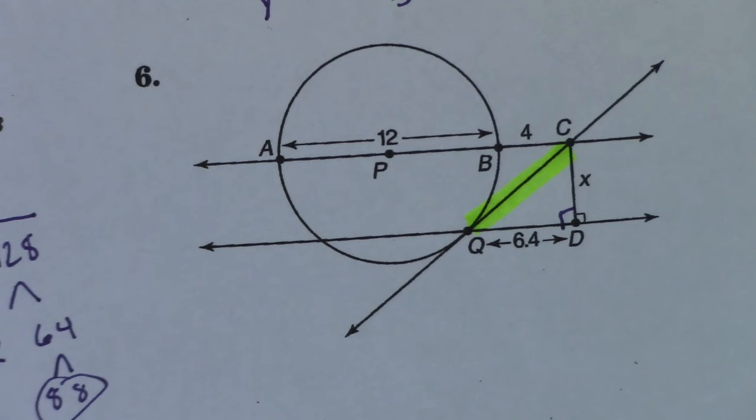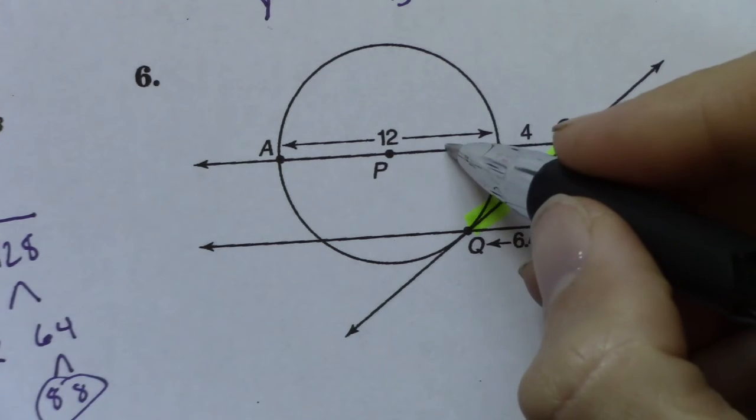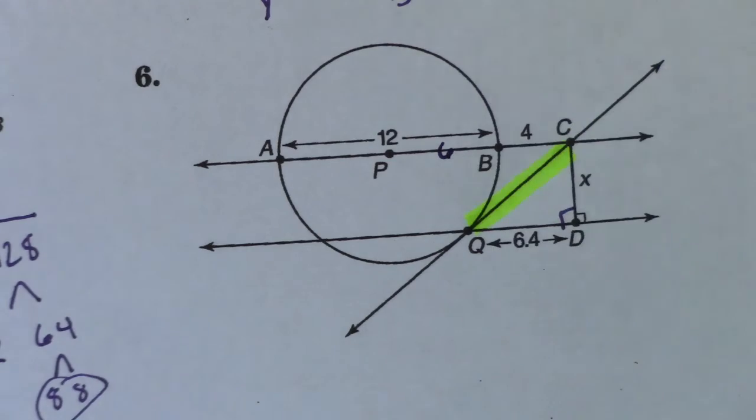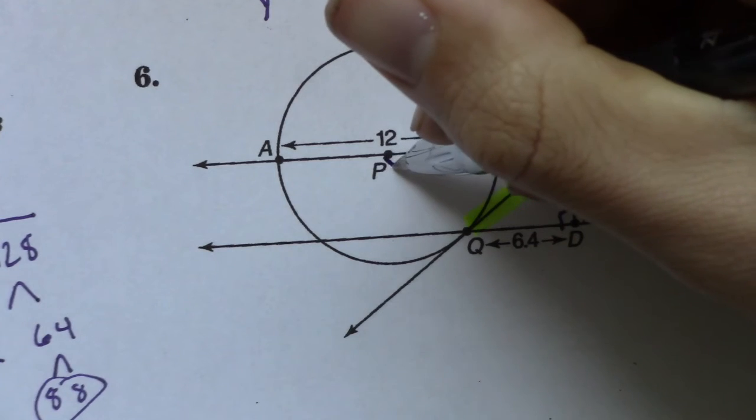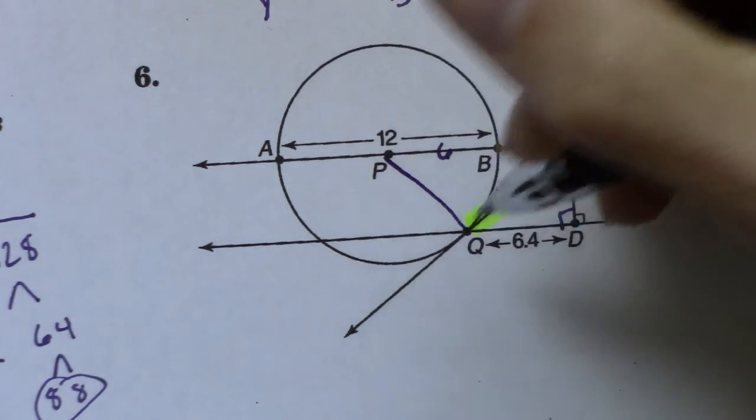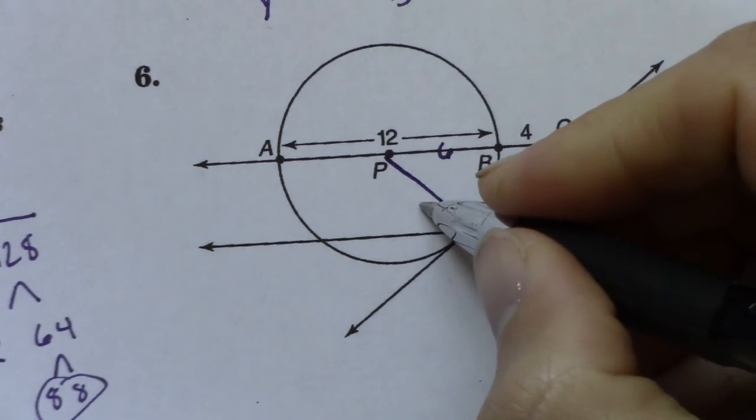So let's see what we can do to try to find that hypotenuse, or that leg there. What do I know? I know this is 6. I know this is also 6.